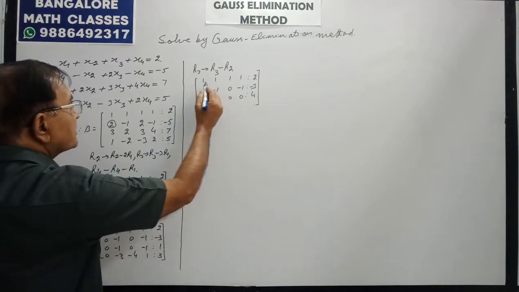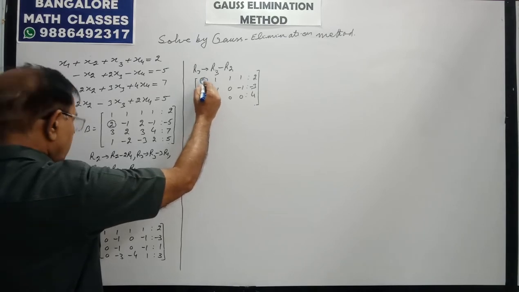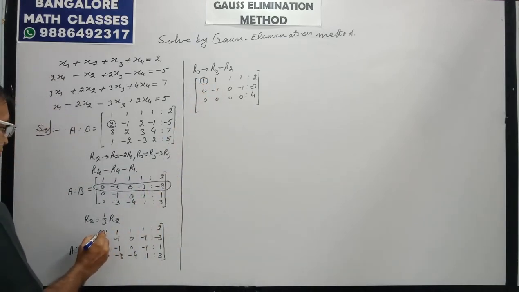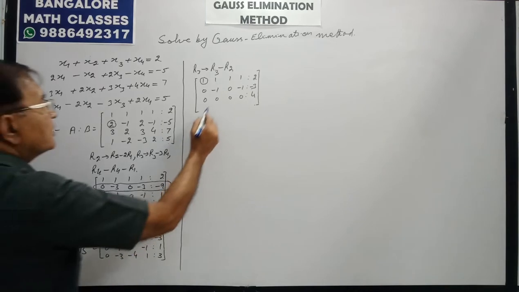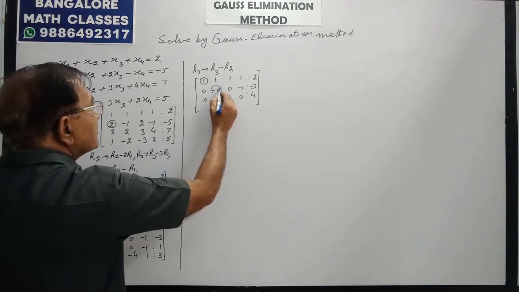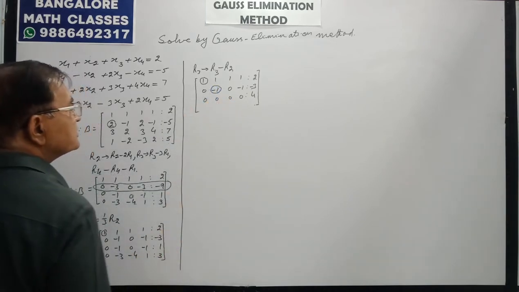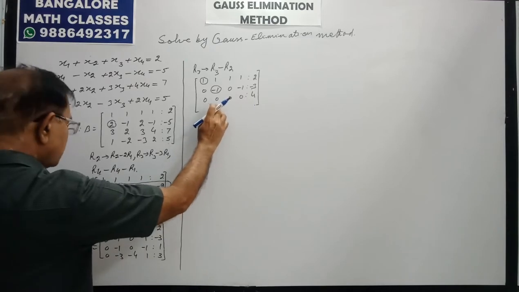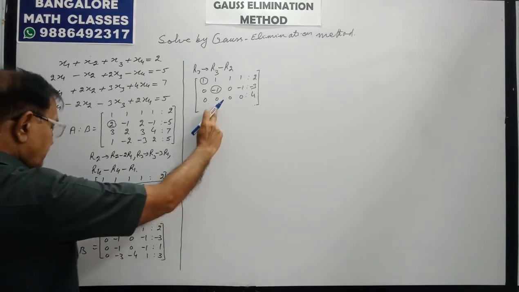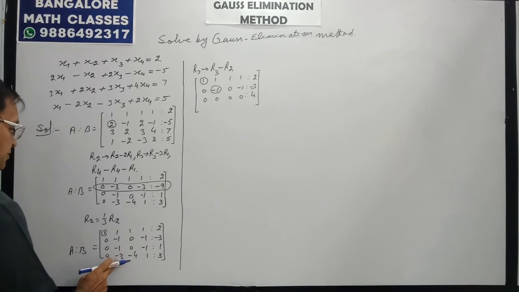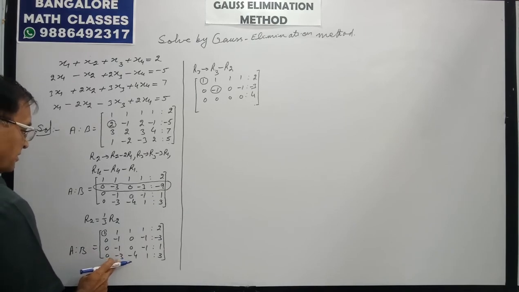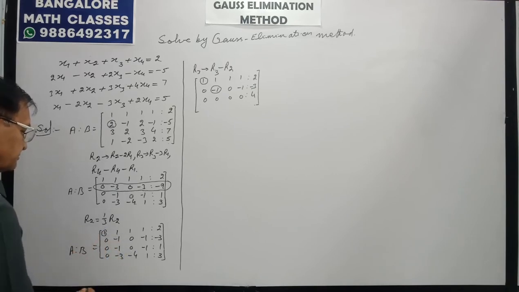Now see carefully in row 1. Below 1 all entries should be 0. Again 1 is the leading entry, below all entries should be 0. It means now this entry should be 0, this entry should be 0. That I think we can do either by operating R2 or by operating R3.